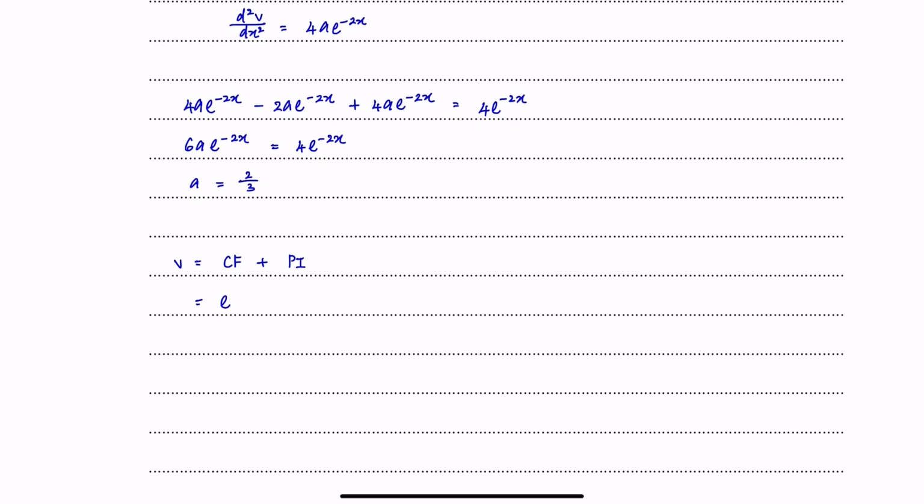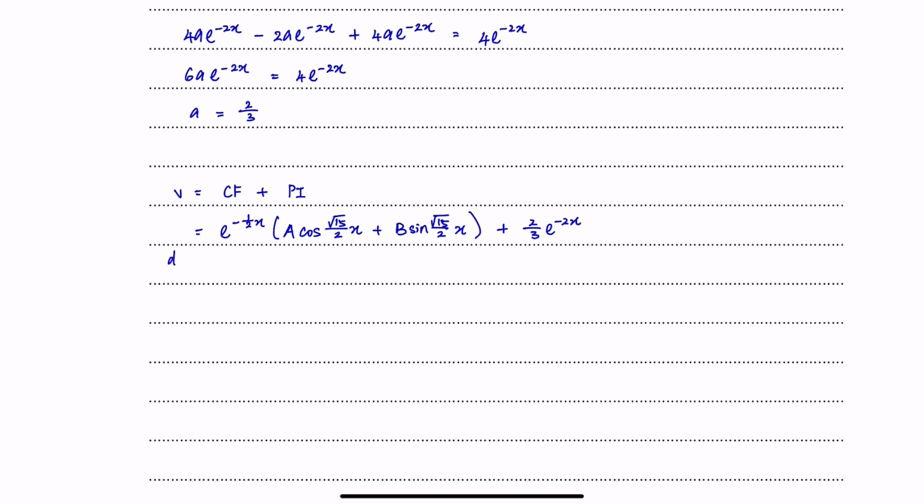So we have e to the minus half x times a cos √15 over 2 x plus b sin √15 over 2 x, plus 2/3 e to the minus 2x. So this is the complementary function, and this is the particular integral. So we can differentiate the whole equation.